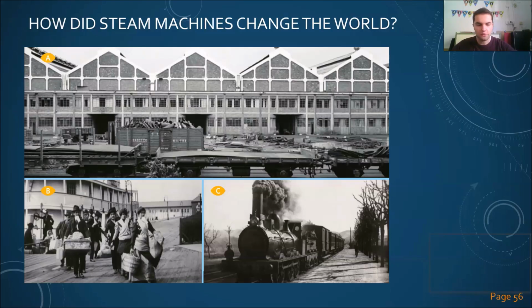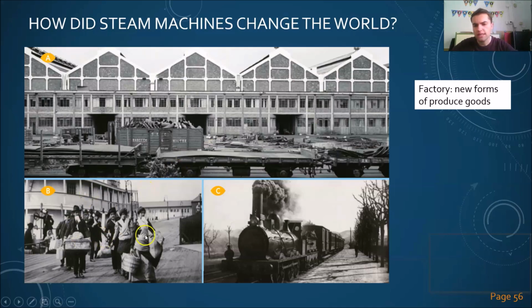Perfect. So, in the first images from the book, we can see three different photos. What do you think photo A is? So this is a factory from the 20th century where the objects and the goods were produced in mass. There were new forms of goods production. What is letter B?